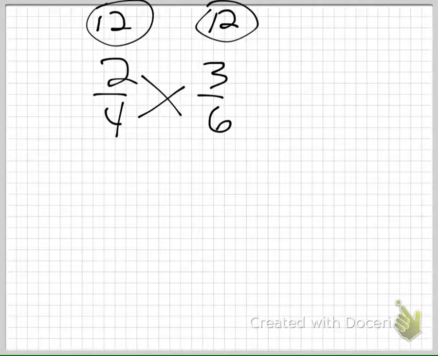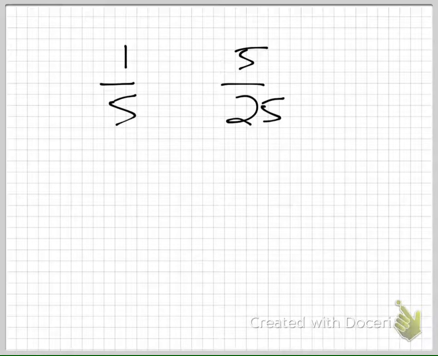Another way of doing it is this. If I have 1/5 and 5/25, what's another way of quickly determining whether or not they form a proportion? You could reduce them. This is the absolute truth: proportions always reduce to the same thing.